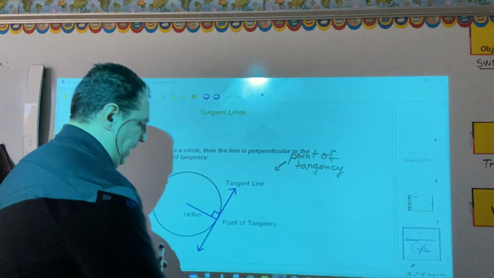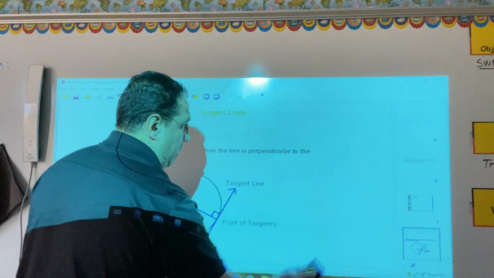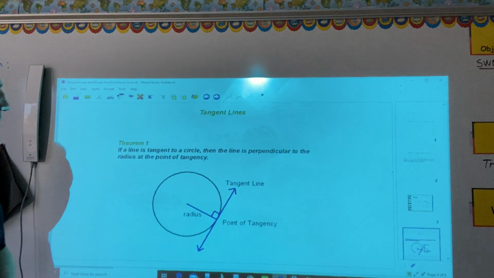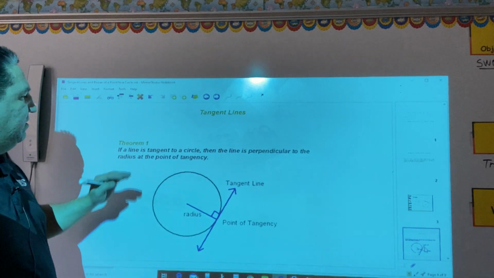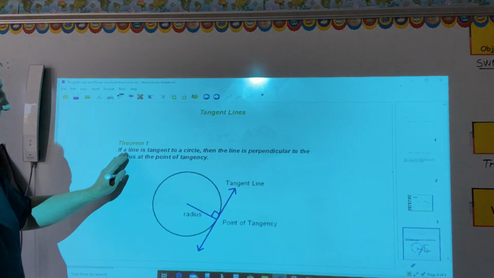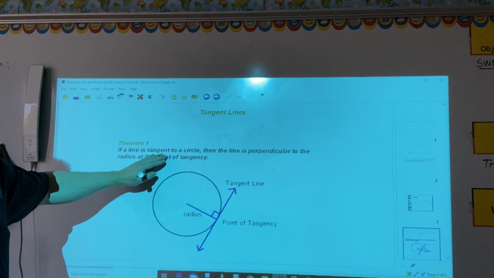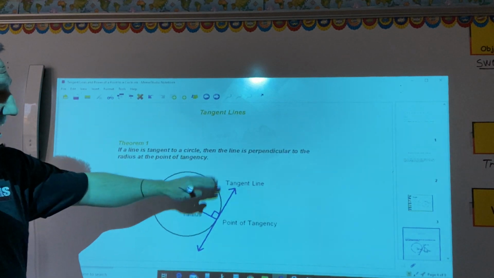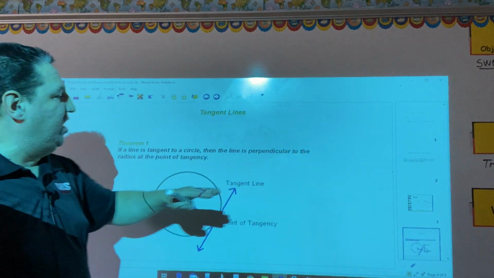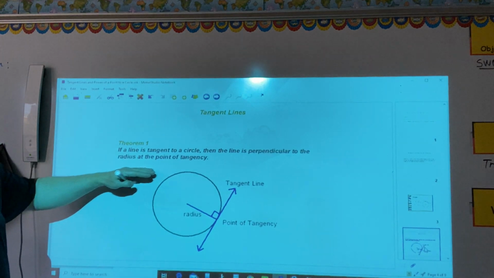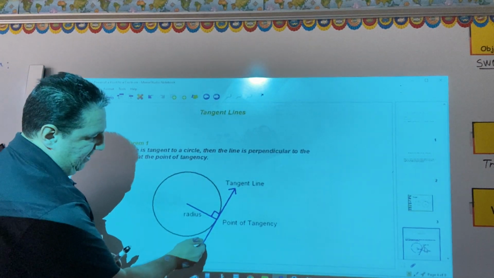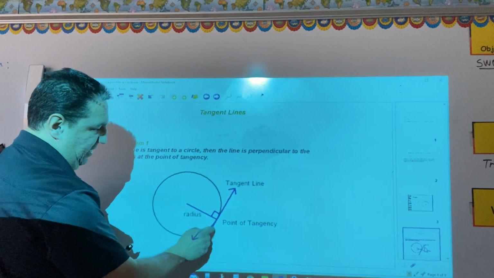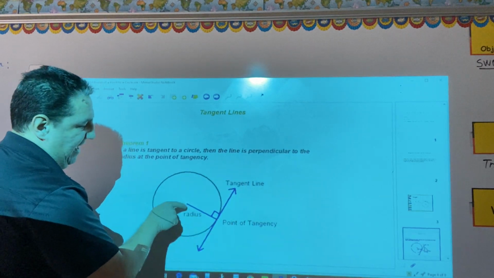Next, we have a few properties. The first property states if a line is tangent to a circle, then the line is perpendicular to the radius at the point of tangency. So this is the tangent line, and this is the point of tangency.